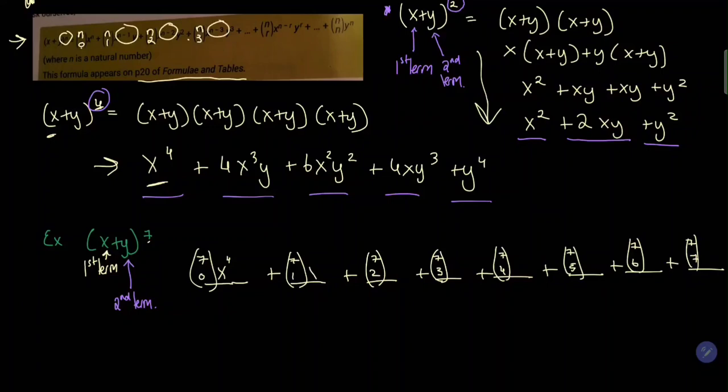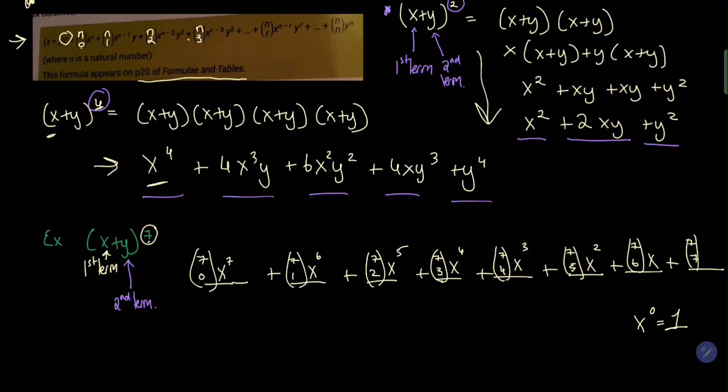So this is going to be x, sorry, that should be x to the power of 7, because we're timesing it by 7 here. X to the power 6, x to the power 5, x to the power 4, x to the power 3, x to the power 2, x to the power 1. I'm not going to write in 1 because x to the power 1 is x. And then at the last bracket, x to the power 0 is going to get you 1. So I don't need to write that in.